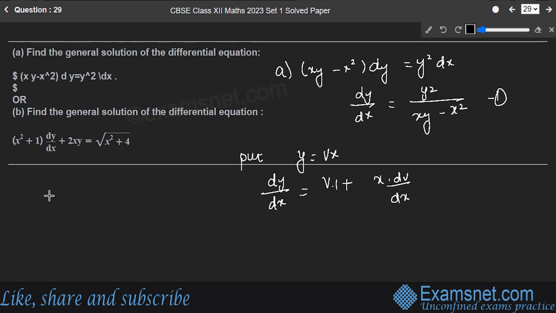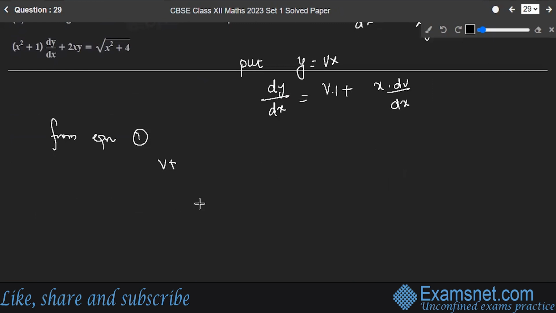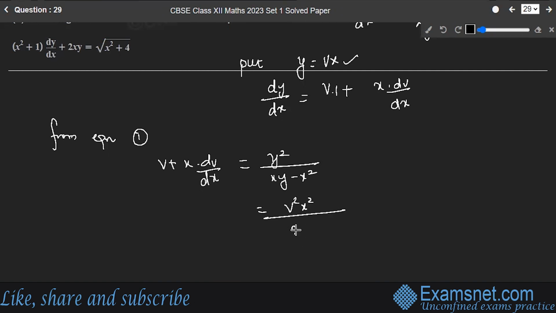Now from equation 1, you have v plus x into dv by dx is equal to y square upon xy minus x square, and y was equal to vx. So this is v plus x into dv by dx.